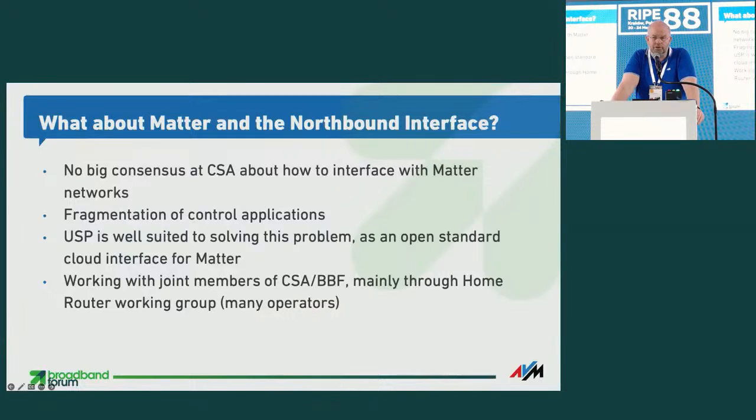Let's say it very nicely, and I'm Dutch, so I'm not really known as politically correct: the cooperation between the CSA and the Broadband Forum is interesting. I leave it that way, but anyway, it's very complicated. Both organizations think that is the way to go forward, and that we have to cooperate with each other. As already said, I'm repeating myself, USP has the right cards to do it.